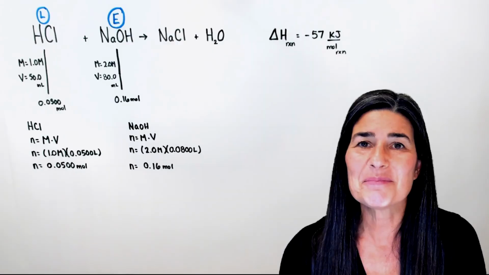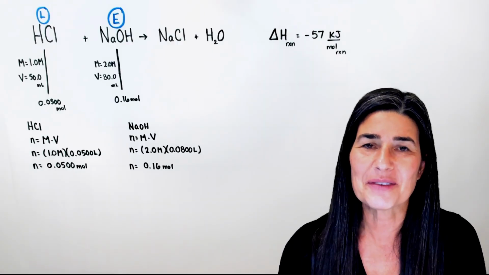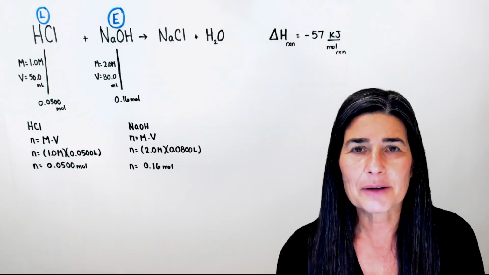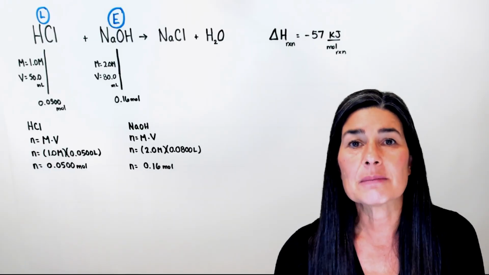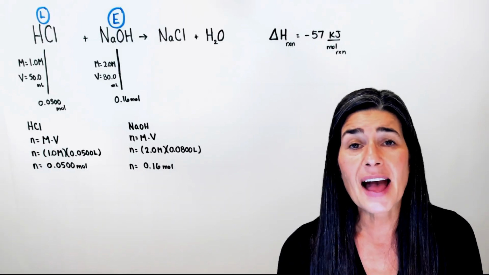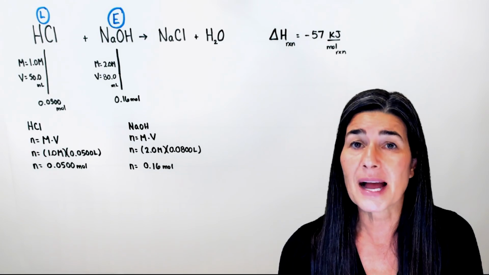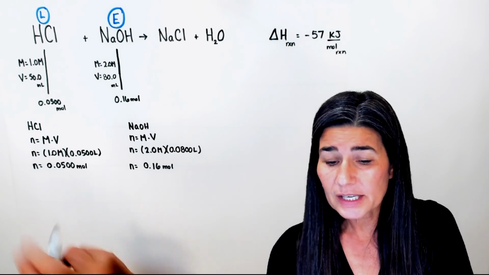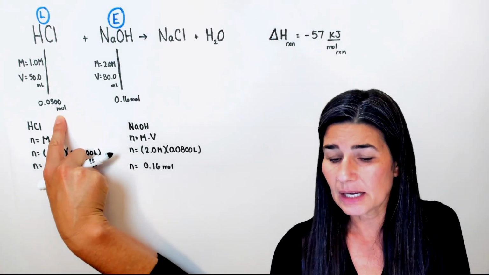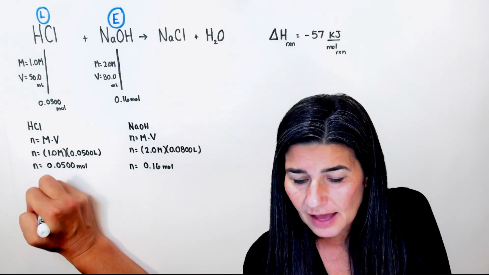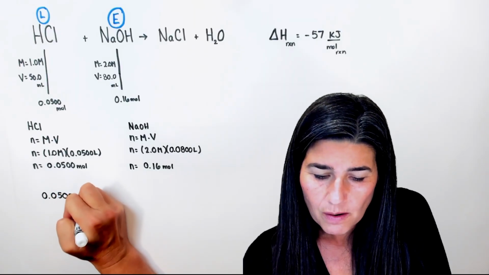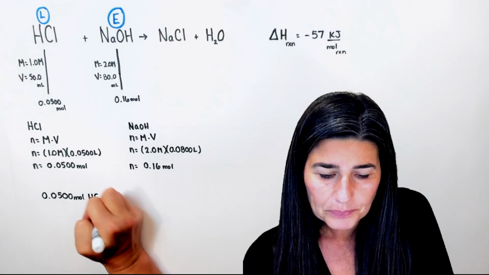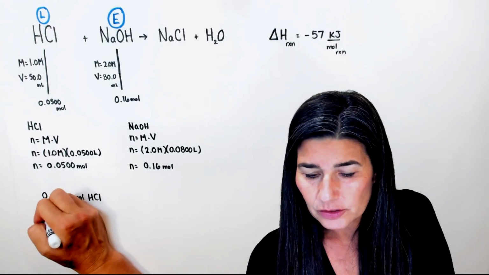Remember, the heat produced always goes off of the limiting reactant, because once it runs out, we're not going to produce any more heat. So let's use some dimensional analysis to figure out how much heat is produced from our limiting reactant. We're going to start off with our moles of limiting reactant, 0.0500 moles of our HCl. We're going to change that into kilojoules.